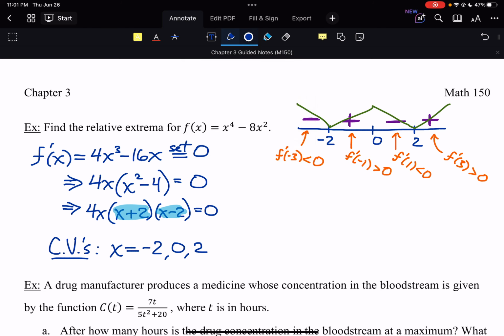So in terms of the relative max and min values, we're going to have minima here at -2 and 2, and a maximum at 0. So we're going to have a relative max. The x value is 0. If we plug that back in to the original to get the y value, we get out 0, 0.